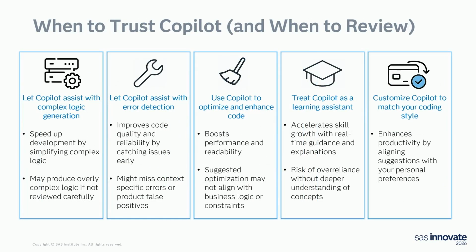And then lastly, I really want to preference, sometimes you can trust Copilot. There are other times you may want to review what you're doing. Again, Copilot is going to speed up your code development. But what can happen is it may provide something that is too complex for the situation you're doing.